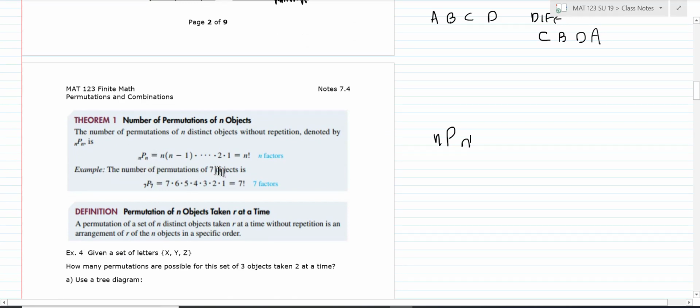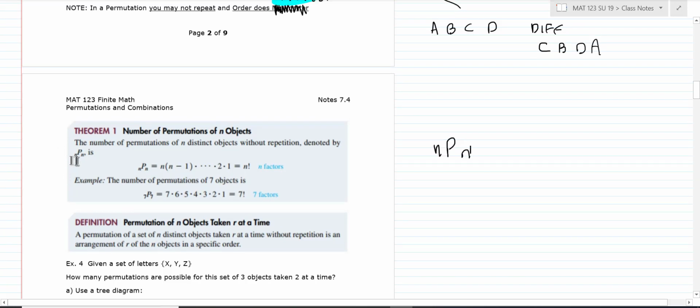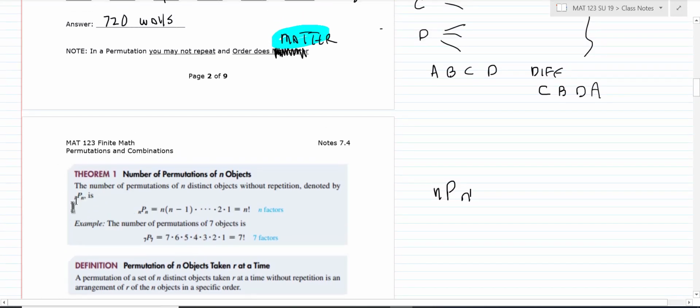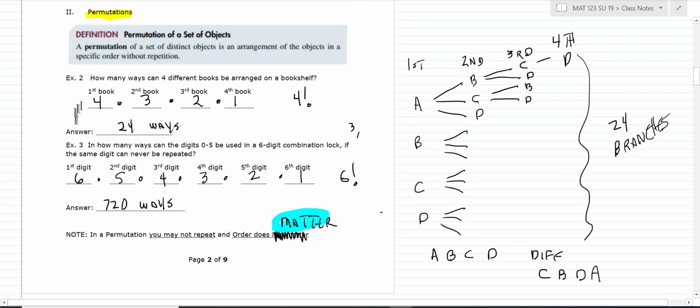So as an example, the number of permutations of 7 objects would be notated this way, and we know that's 7 factorial: 7, 6, 5, 4, 3, 2, 1. We know what the factorial is. So that's how you represent that. Now, if you go back here, we're choosing from 4 books, but we're putting them in 4 positions.